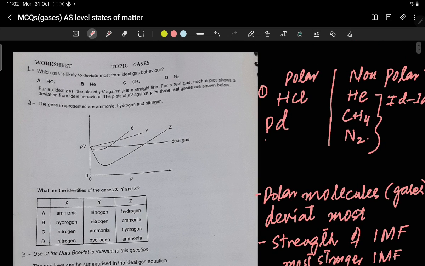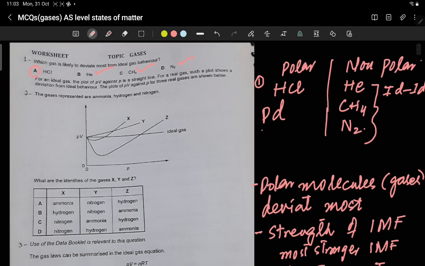So in this question, which gas is likely to deviate most from ideal behavior? Nitrogen, CH4 and helium are non-polar. The gas likely to deviate most is HCl, because it has stronger permanent dipole forces. That's why HCl deviates most.